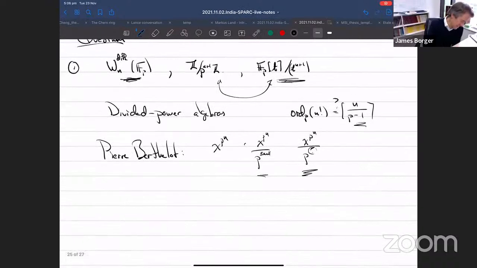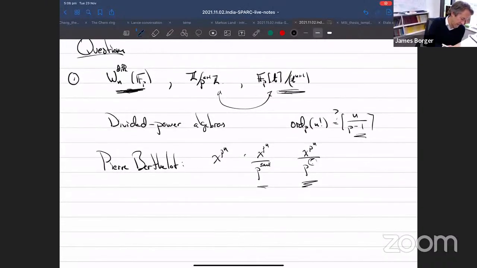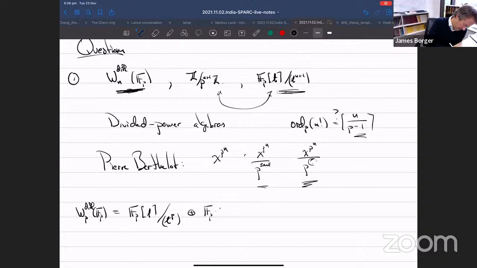In some sense, I think this one would be something like, I'm just going to guess, maybe t to the p, and then maybe a direct sum, just this.